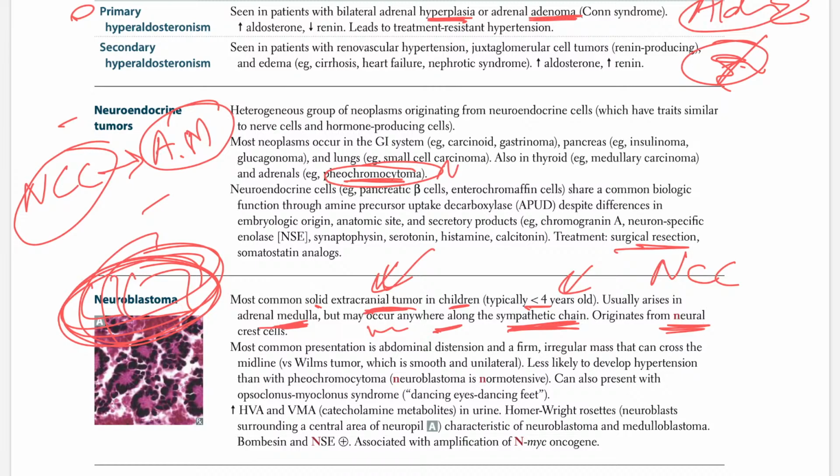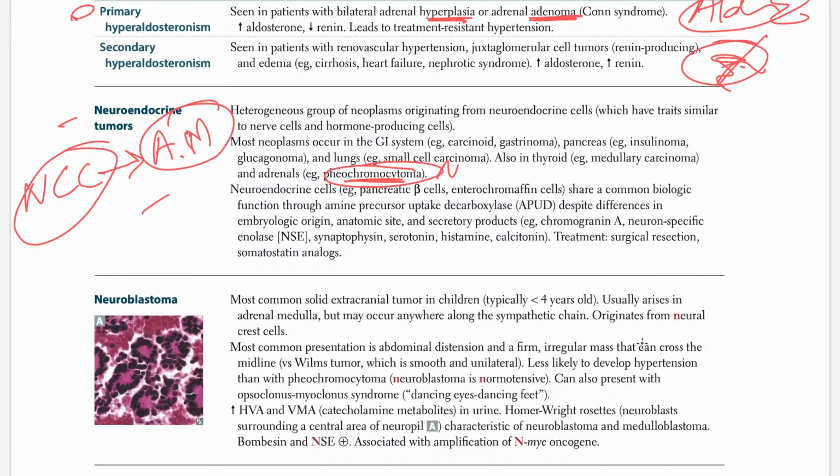So that is why when you have a tumor here, you say it originates from the neural crest cells. The most common presentation is abdominal distension, a firm irregular mass that can cross the midline, high yield, versus Wilms tumor, which is smooth and unilateral.